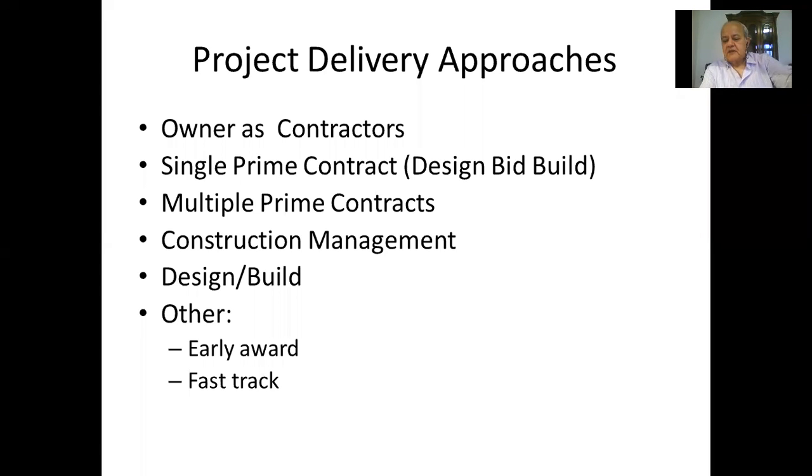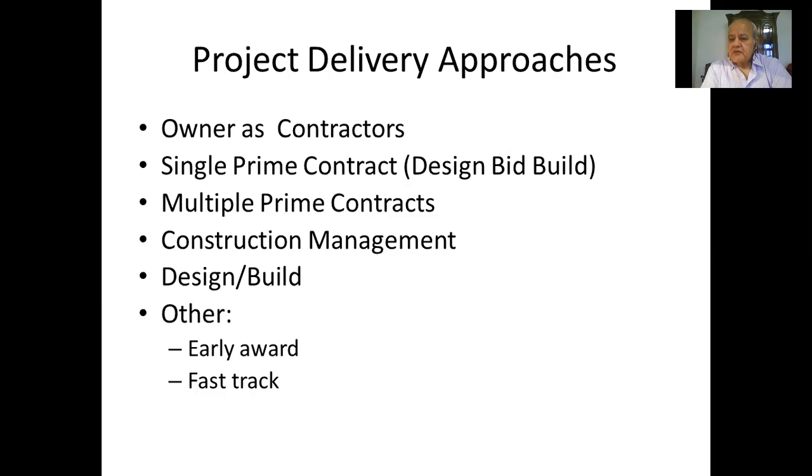So each contractor will take several buildings to construct. So in that case, as a designer, you need to imagine how to divide the packaging of the project into several pieces.